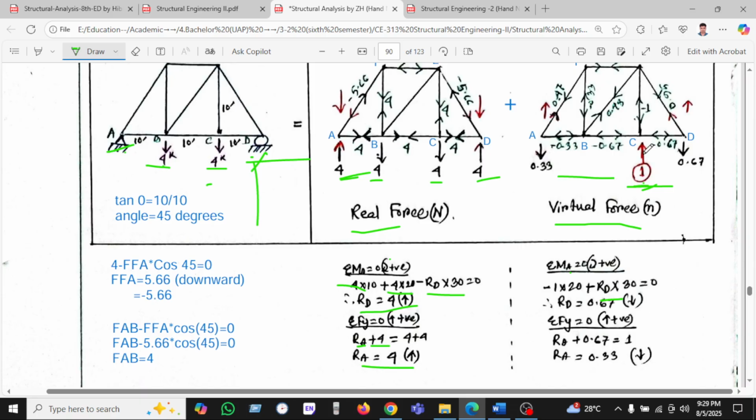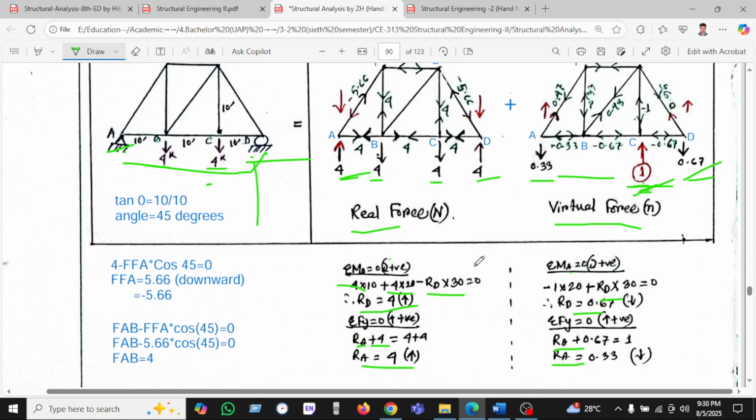This is the RD, and 30 is the total distance. In this case we found RD equal to 0.67 in downward. In the same way we calculate Fy: RA plus RD equal to 1, as the 1 unit load is upward, and in this case we calculate the RA value, which is 0.33, which is also downward.